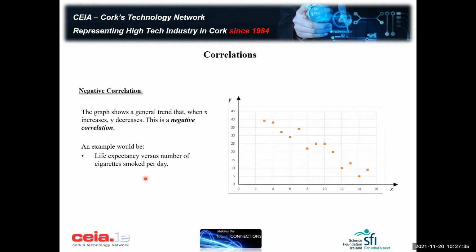Here's an example of a curve that would indicate a negative correlation. As x increases, y tends to decrease. I've given an example there. Famously, the number of cigarettes smoked per day results in a reduced life expectancy as the number of cigarettes increases.